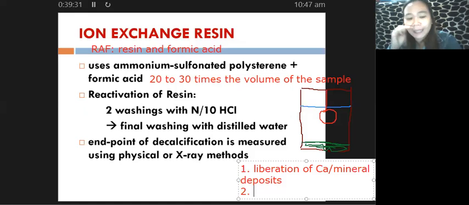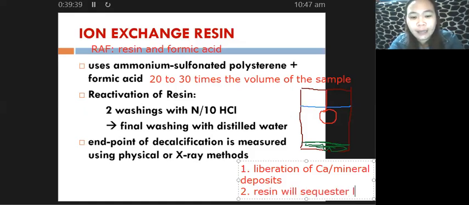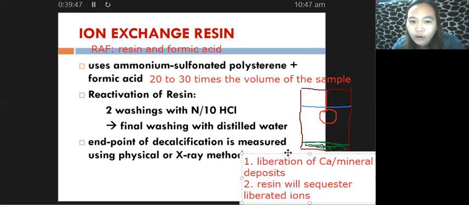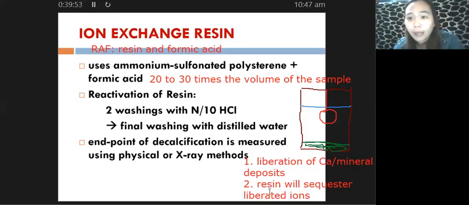So I repeat, the resin will sequester the liberated ions, thereby allowing decalcification to take place.